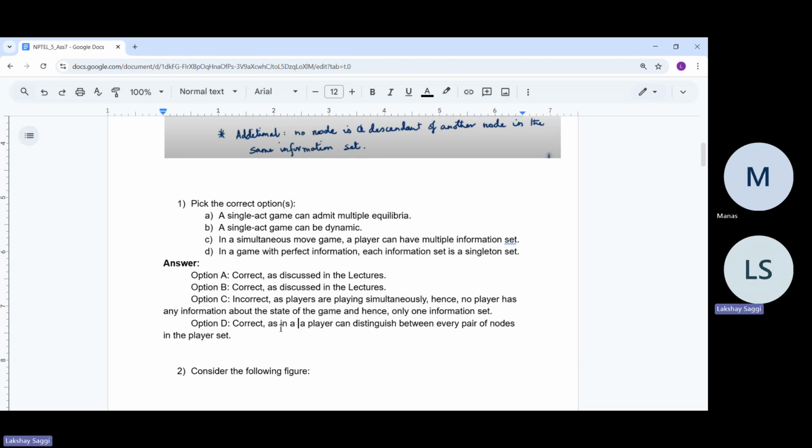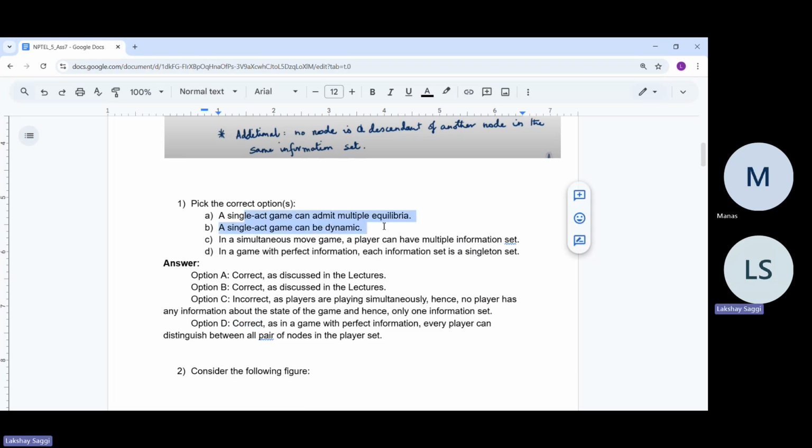Maybe I should write it like this: in a game with perfect information, every player can distinguish between all pairs of nodes in the player set. Something like this. So actually options A, B, and D are correct.